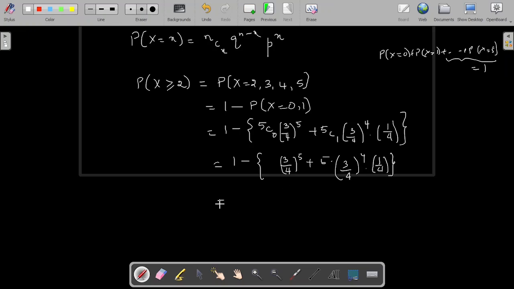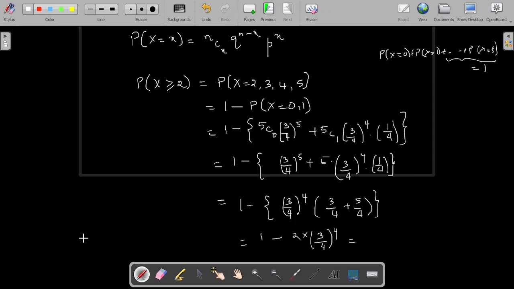Now simplify further: take 3 by 4 to the power 4 common, then here remains 3 by 4 plus 5 by 4, that is 8 by 4, which is 2. So this equals 1 minus 2 into 3 by 4 to the power 4.